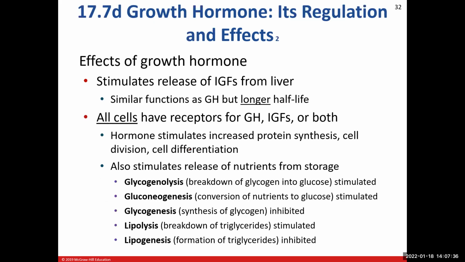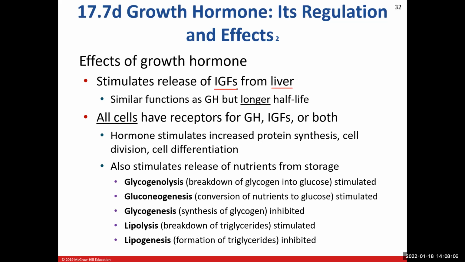So what we'll see when the hypothalamus releases growth hormone releasing hormone, it's going to stimulate the anterior pituitary to release growth hormone. Growth hormone is going to circulate throughout the circulatory system, and it's going to make a stop at the liver. And it's going to cause the liver to release insulin-like growth factors.